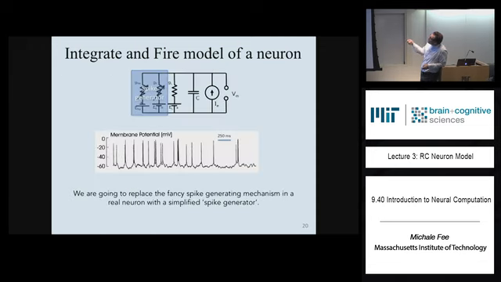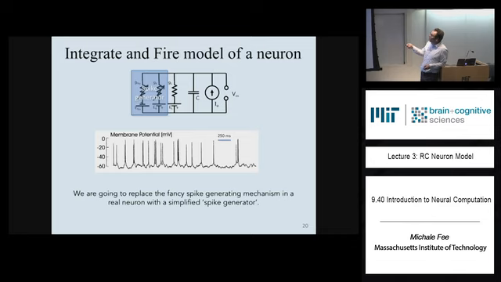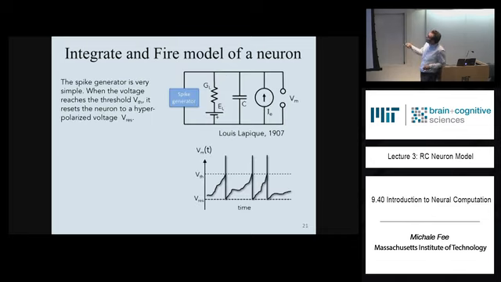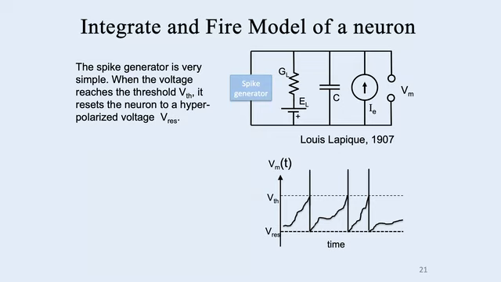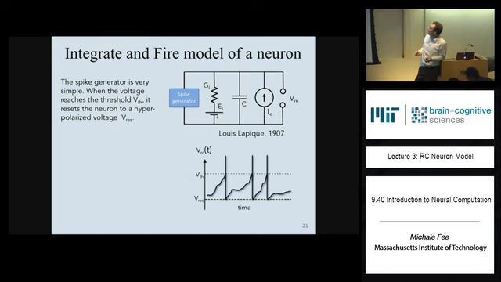And what we're going to do is take our Hodgkin-Huxley model and replace these sodium and potassium conductances that actually generate the spike with a very simplified model of a spike generator. And it's going to look like this. So basically, the idea is that the cell gets input from either an electrode or from a synaptic input, and it integrates that input until it reaches a voltage called V threshold.